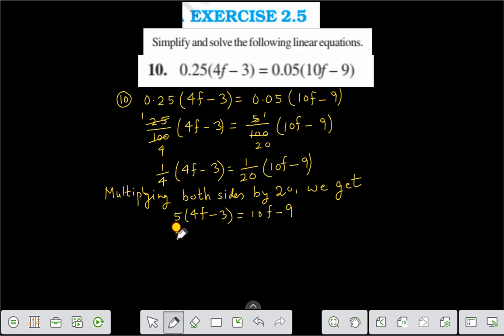Now 5 fours are 20f, minus 5 threes are 15, is equal to 10f minus 9.